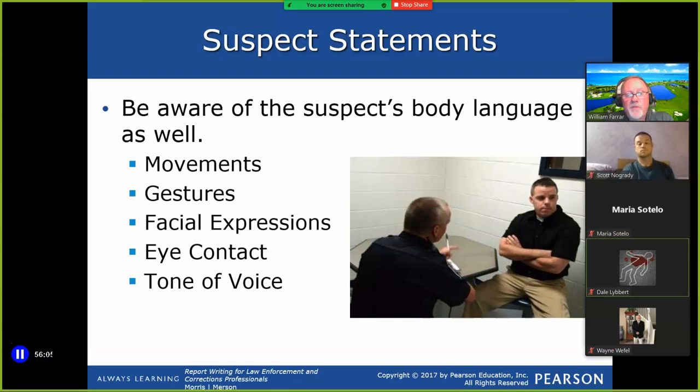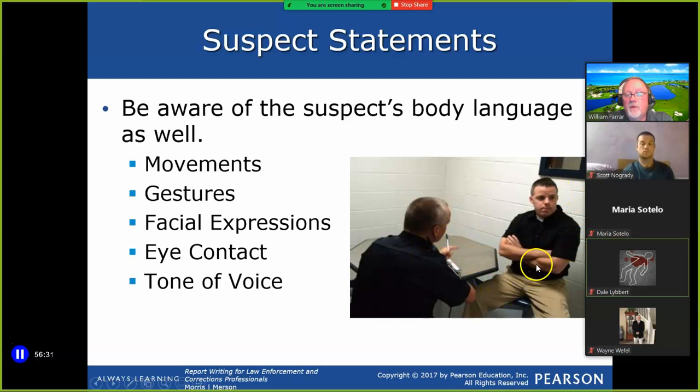So their movements, their gestures, their facial expressions, like did they look surprised? Were their eyes starting to tear up? And that's important, again, to watch body language, because you can tell right away. Like this picture, this guy right here, he doesn't want to talk to you, at least not right now, because he's kind of locked up, right?